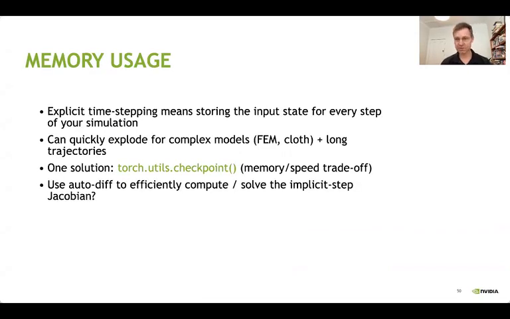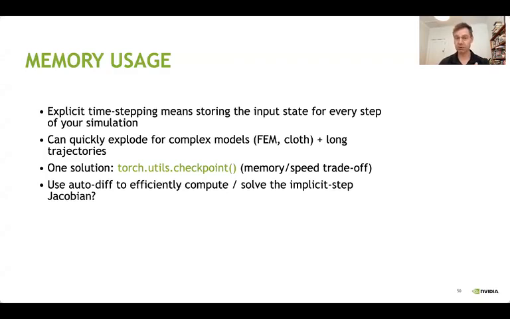I talked a little bit about explicit time stepping, and the big downside of explicit time stepping is that it generally requires more memory, because each of your time steps needs to store the input state and the output state for every step. For things like robots, which only have a few degrees of freedom, this is not such a big deal, but memory can quickly explode for complex models like FEM with many particles and cloth.